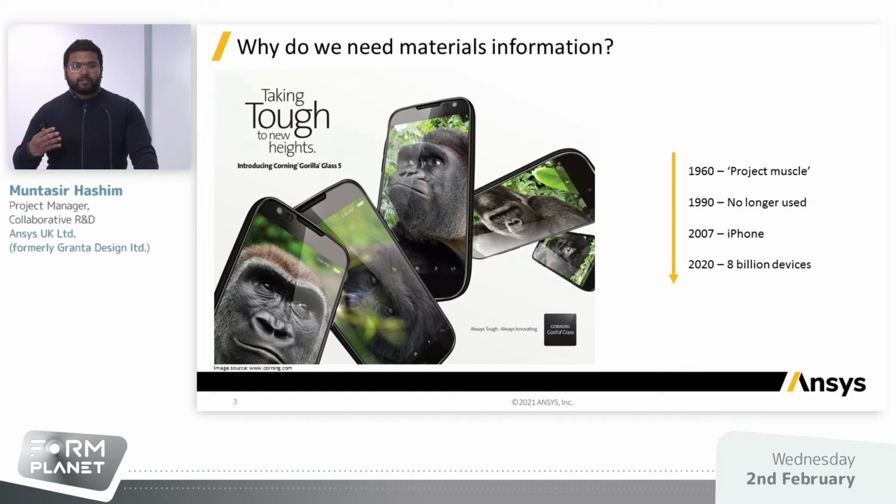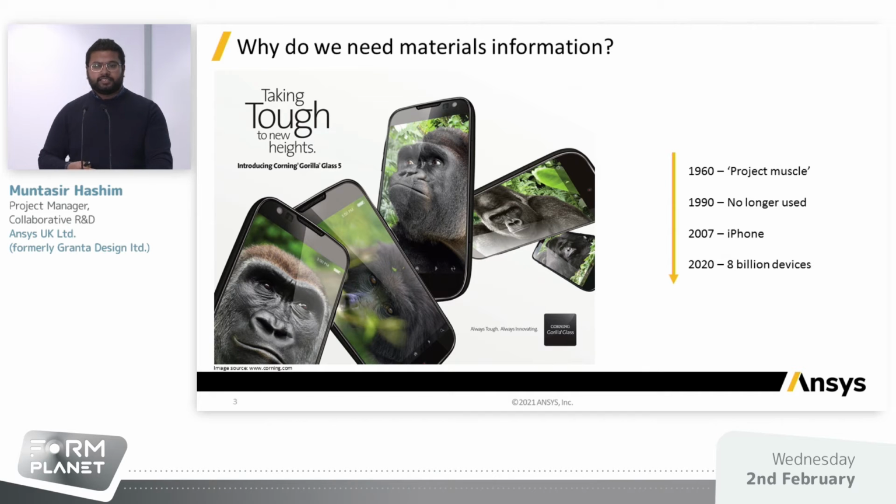It was about a glass that was targeted for aerospace and defense systems. It was also tried to be implemented on windshields of automotive cars. However, the use case for this was not so well done or not so applicable, and hence this was closed in 1990.